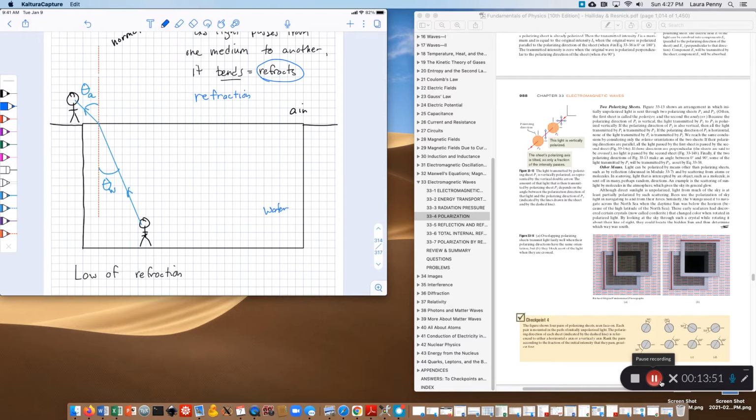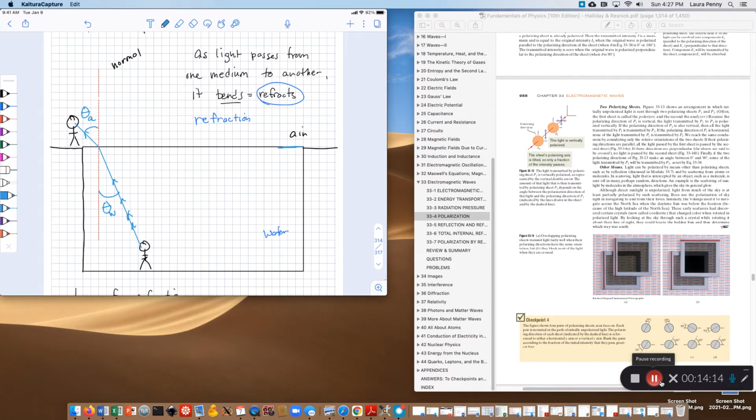So the rule says that, here I've got one guy sitting at the bottom of the pool, and light comes away from this person, and it moves up to basically the interface between the water and the air. And this light ray that's in the water makes an angle, again, with the normal. So again, we still have a normal. We want to draw the normal at the place where the light ray hits the interface between the two mediums.